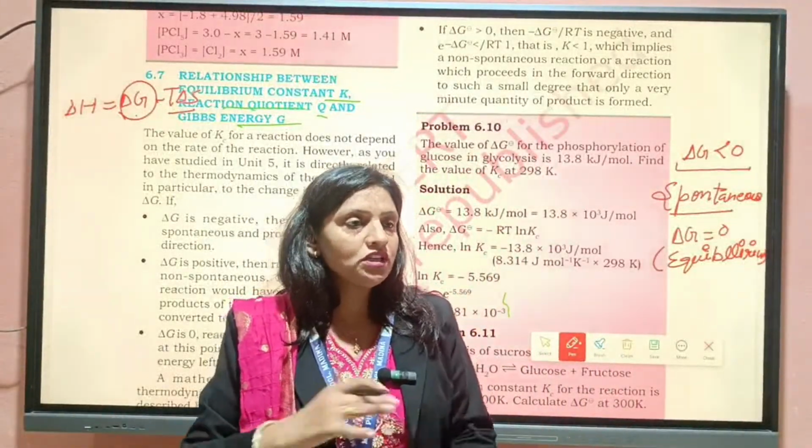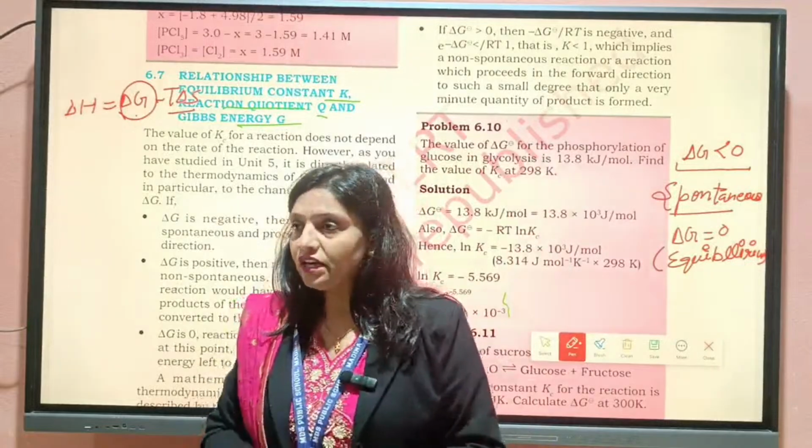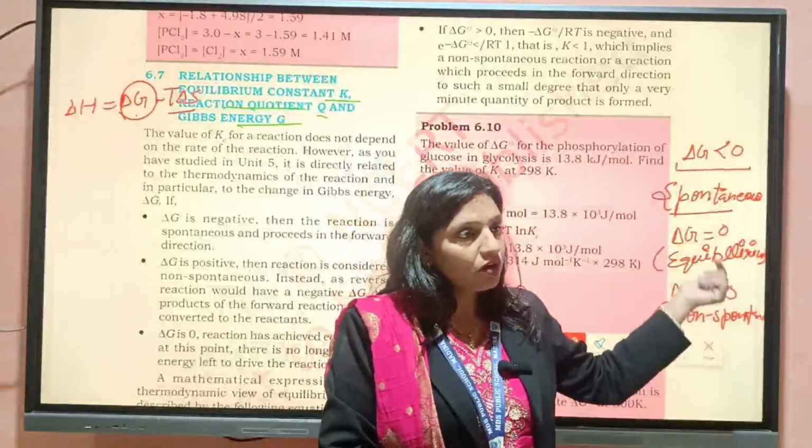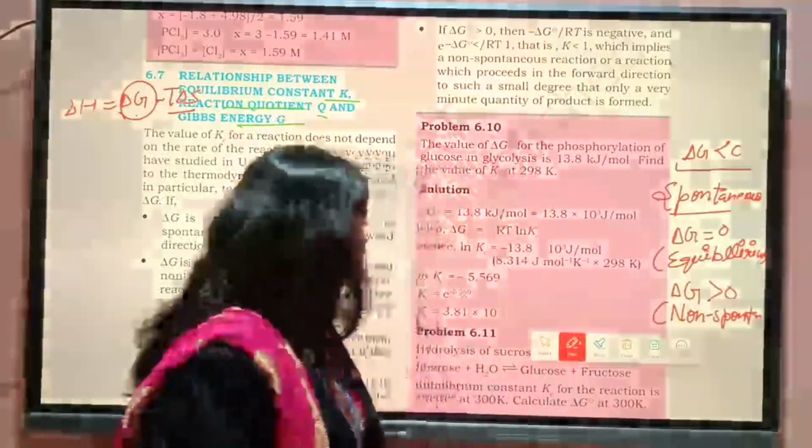There is no change in concentration at equilibrium. And if del G, the change in Gibbs free energy, is greater than 0, means if it is positive, then the process is non-spontaneous.